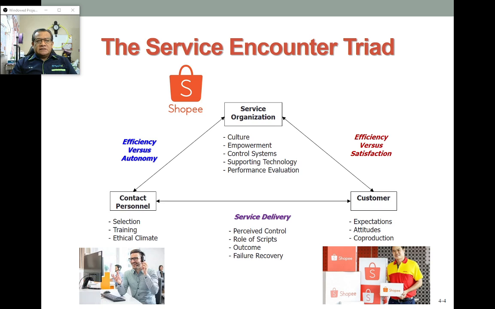And of course, as an online shopping service platform, it has its own culture. For example, the culture of doing transactions fast and efficiently, the culture of responding effectively to customer requests, and the culture of business operation based on strong IT supporting technology.